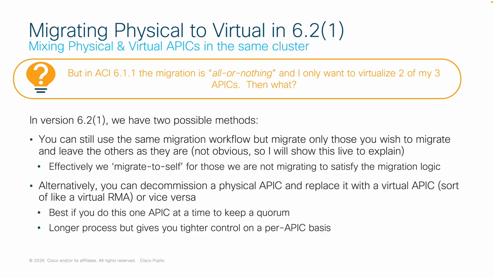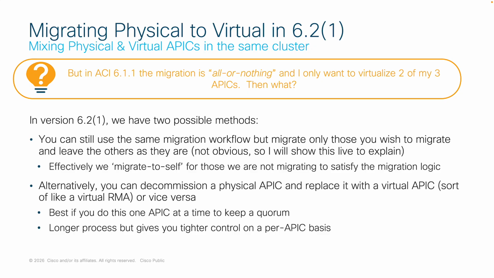The second method, which I'm not going to show in this video, is you can do the traditional approach: if I've got 3 physical APICs, I'll decommission APIC number 3 and replace it. I'll spin up a virtual APIC and replace it, kind of like I'm doing an RMA, or I call it a virtual RMA. You're just replacing an APIC and it just happens to now be virtual instead of physical. You can do that. That will work. When would you use that one?